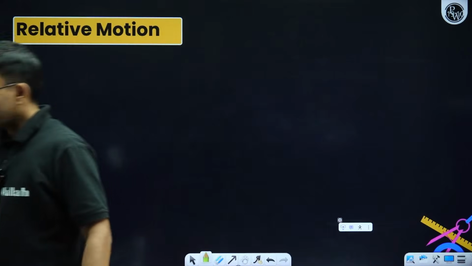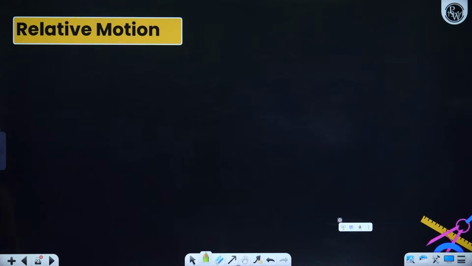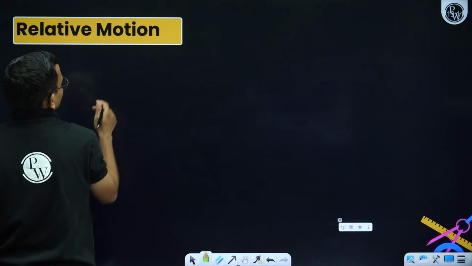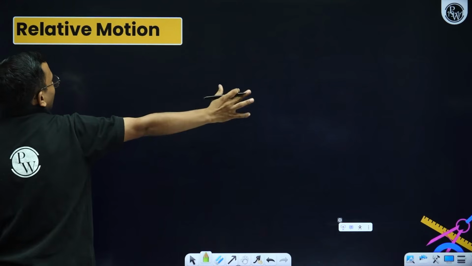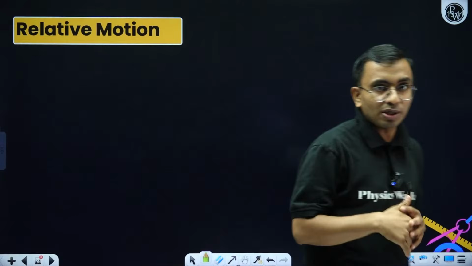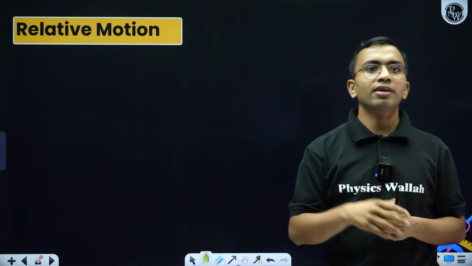So projectile motion we have covered. Now let us talk about relative motion. Relative motion means you are observing another particle with respect to the first particle, or observing the first particle with respect to the other particle.